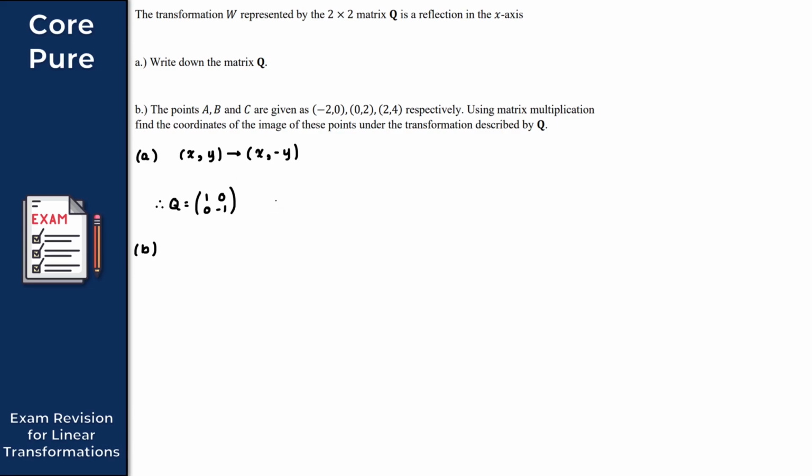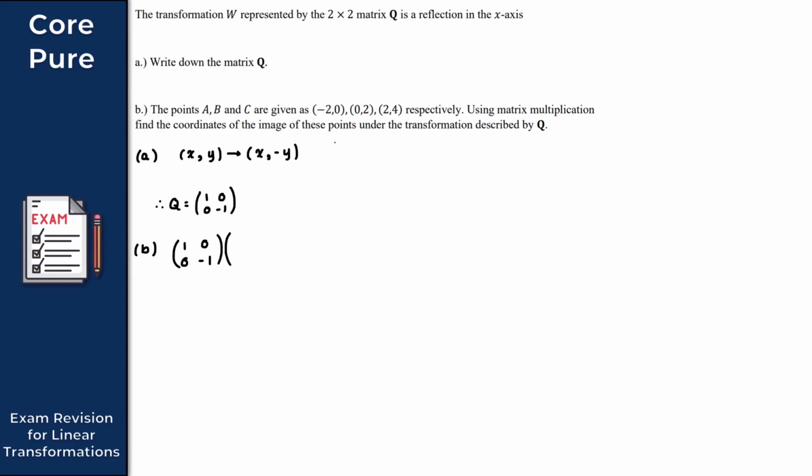So using matrix multiplication, we take the matrix Q. So we get 1, 0, 0, minus 1, just like that, right? And I multiply this with the following 2 by 3 matrix. So we're going to take these 3 points, right? So minus 2, 0, 0, 2, and 2, 4.